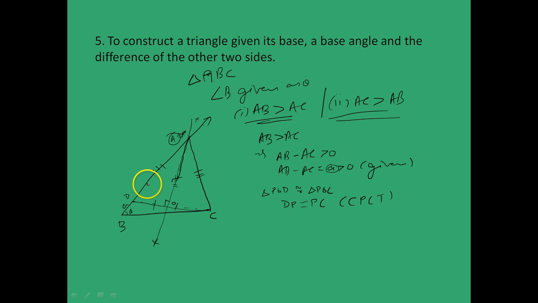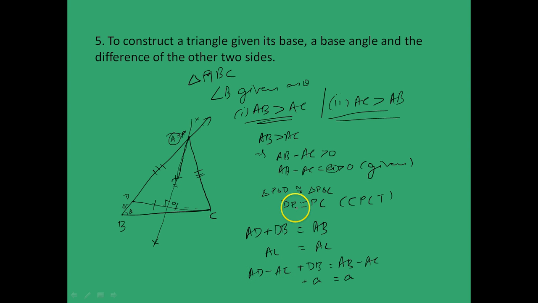We have AD plus DB is equal to AB, and AC is equal to AC. Now subtract both these, so we get AD minus AC plus DB is equal to AB minus AC. This is equal to a, and DB also is equal to a, and AD is equal to AC.